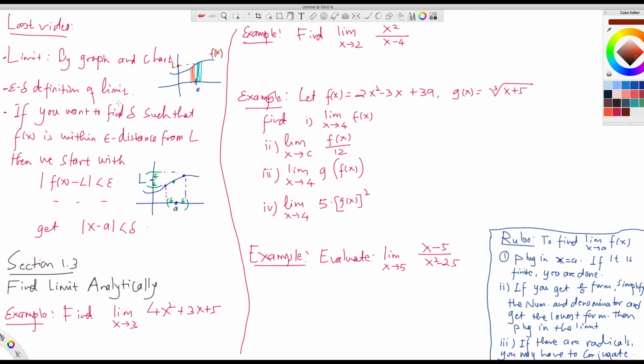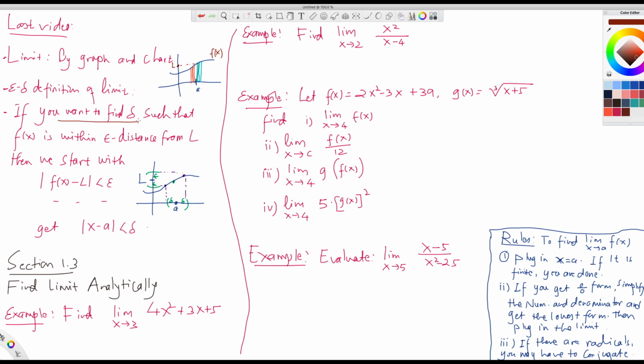Also, we did the epsilon-delta definition of the limit, which is used basically to find out, if you want to be within epsilon distance from L, how close you should go to A, which is the delta distance. Sometimes you will be asked to find delta.